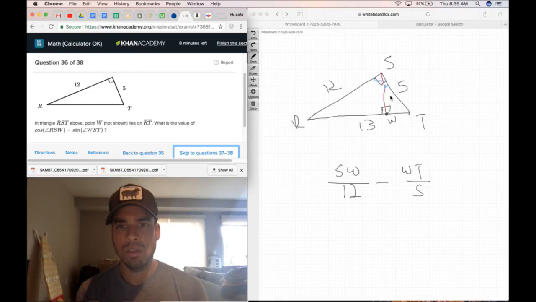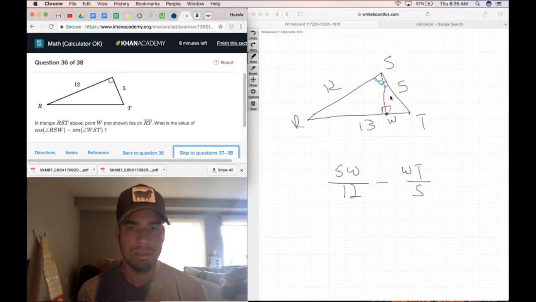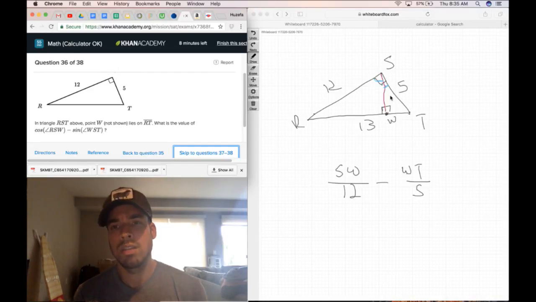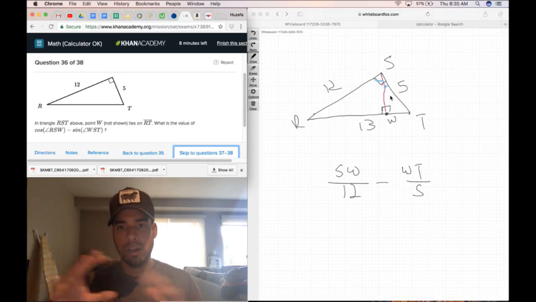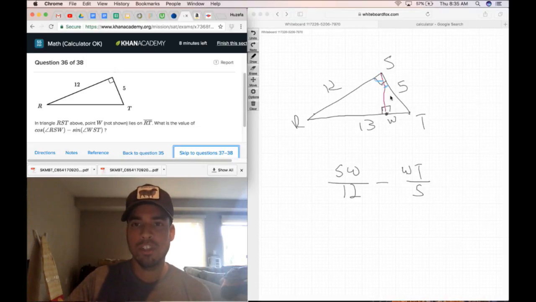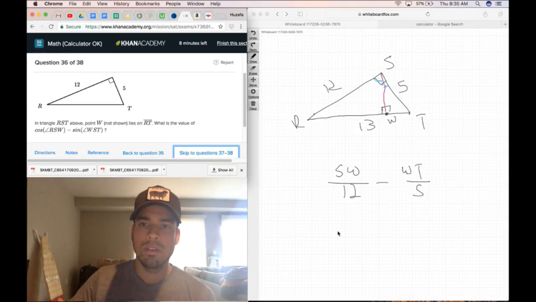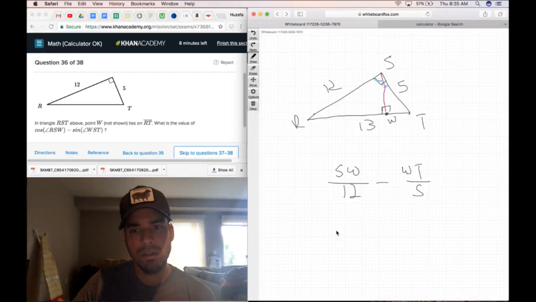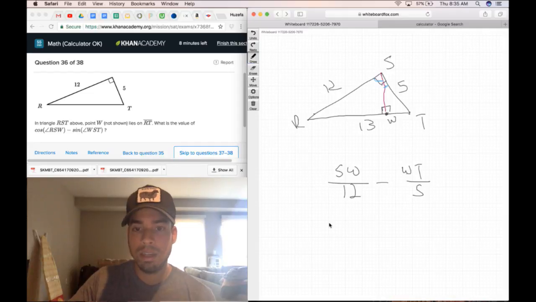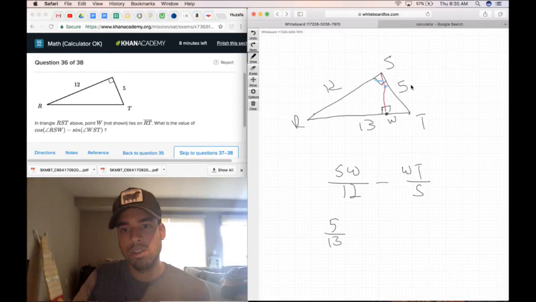So SW over that, right? Okay, let me try it another way. We're assuming that they're all right triangles and that they're all proportionate. So it's little side over hypotenuse. I'm taking a lot of leaps here. 5 over 13. So the ratios are the same regardless of the triangle.